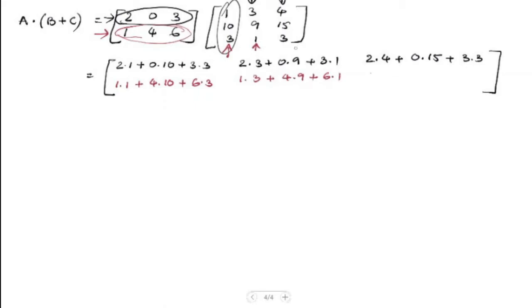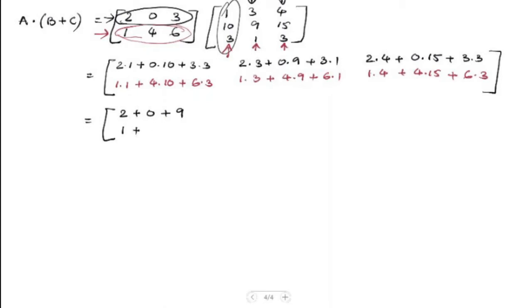And then here we have the second row with the third column now. So we have here 1 times 4 plus 4 times 15 plus 6 times 3. Okay, now here we have 2 plus 0 plus 9.